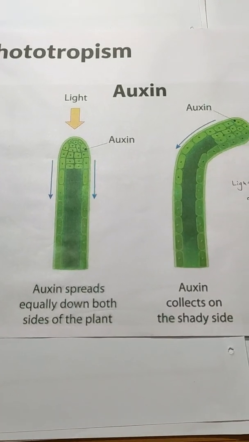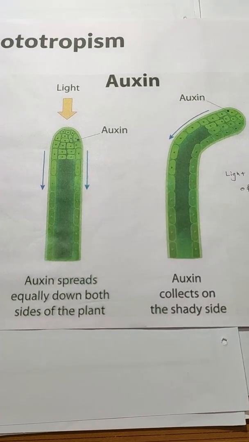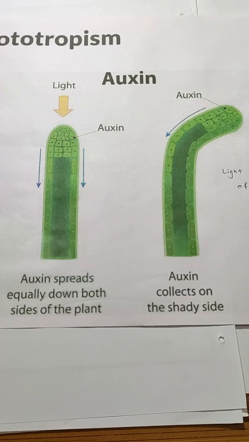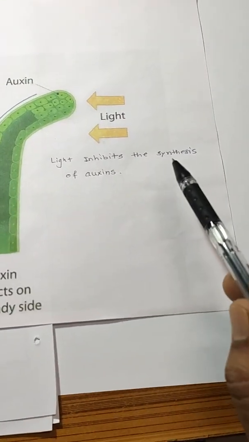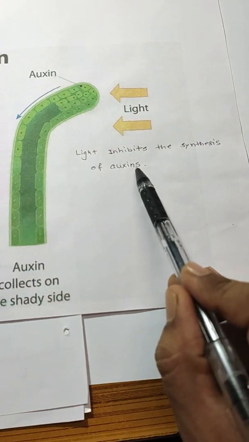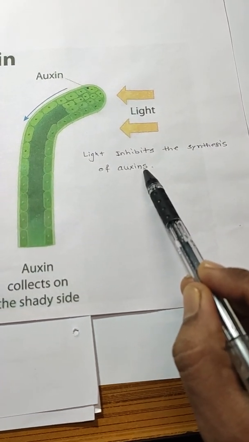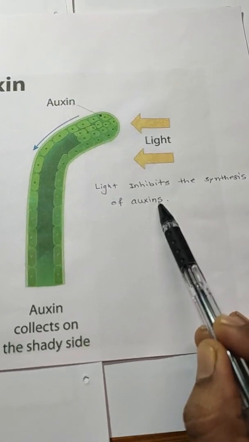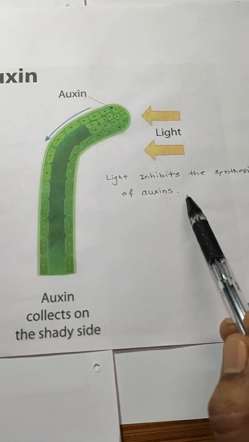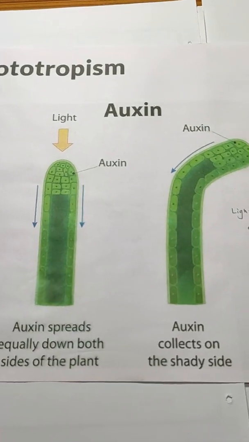Effect of light on production of hormones or phytohormones or plant growth regulators. Light inhibits the synthesis of auxin. Auxin is a hormone or plant growth regulator.